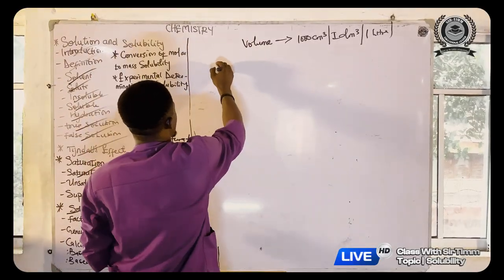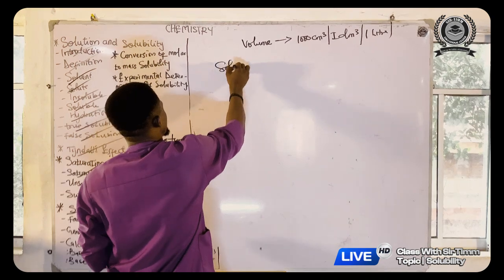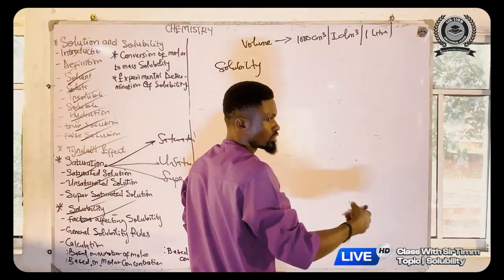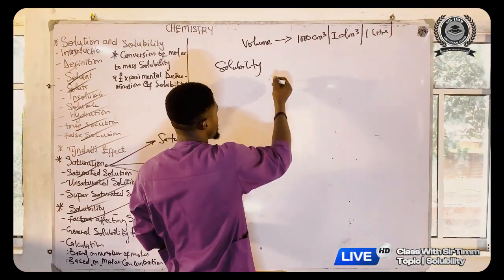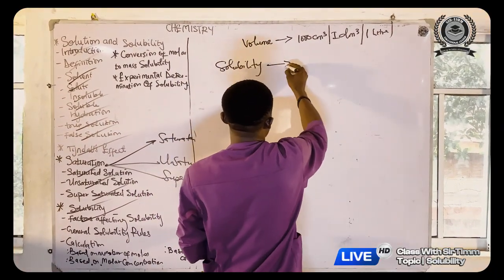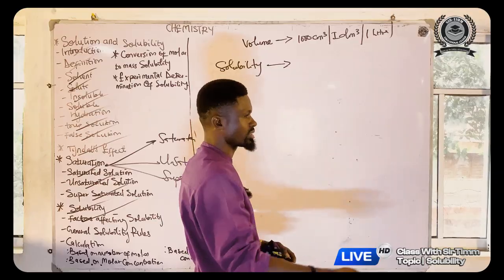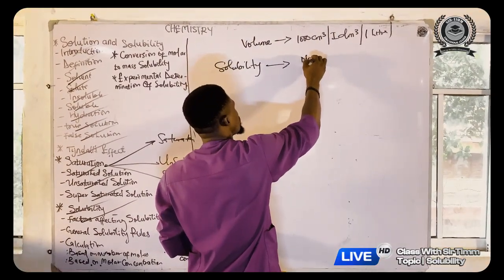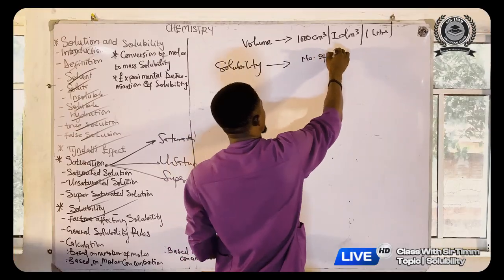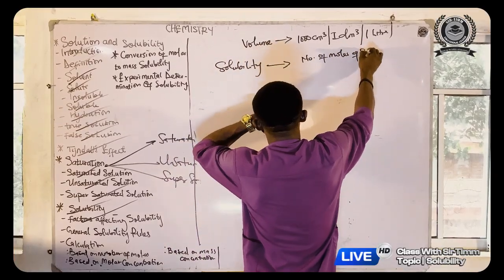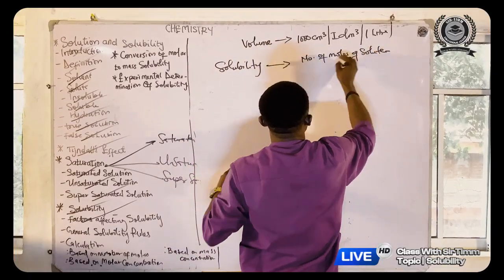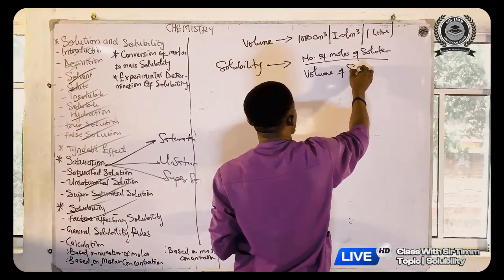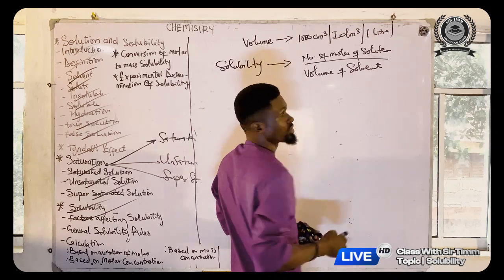When you're given the number of moles of the substance that is being dissolved, and it is going to be saturated, the solubility of that substance is the number of moles of solute over volume of the solvent, right?